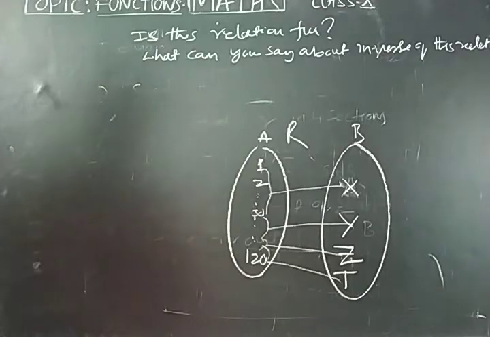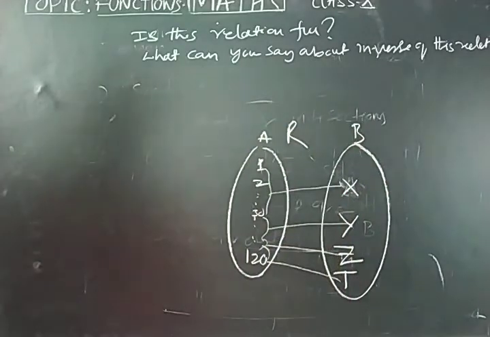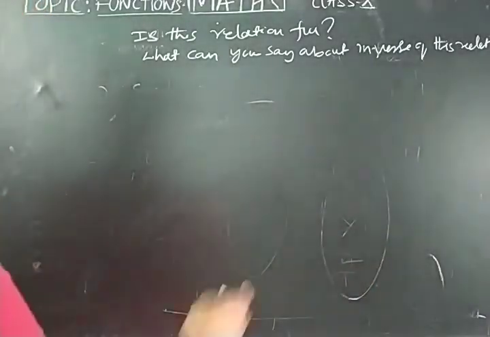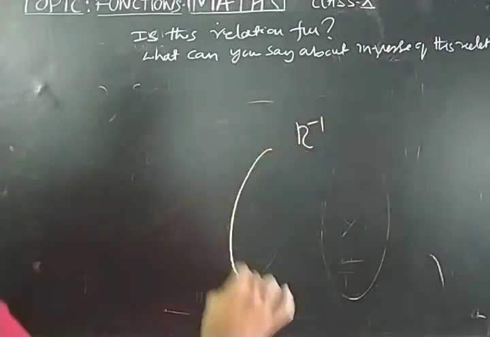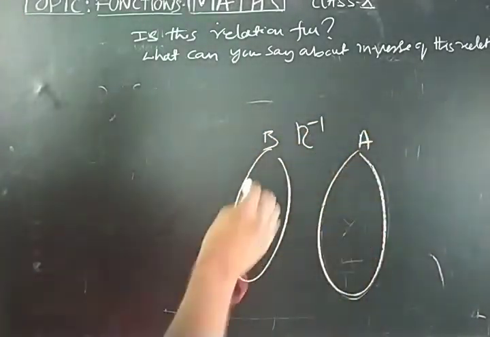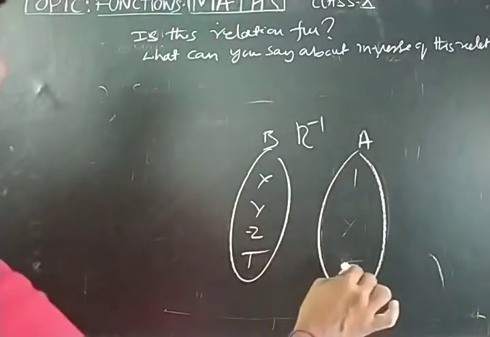Inverse of the relation means a relation from B to A. X has so many students, so it is not a function. Now let me write it. Suppose I take the inverse of the relation. Here we take B, here we take A. I am taking X, Y, Z, T as the sections, and here 1 to 120 students.